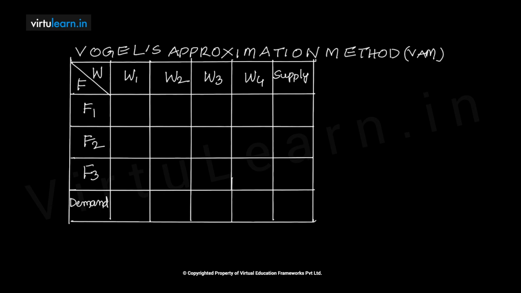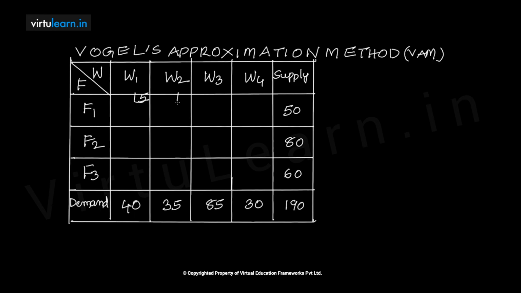Similarly for columns also we will write the penalties. That means lowest value in the column and next lowest value in the same column. The difference among these two is mentioned as column penalty.